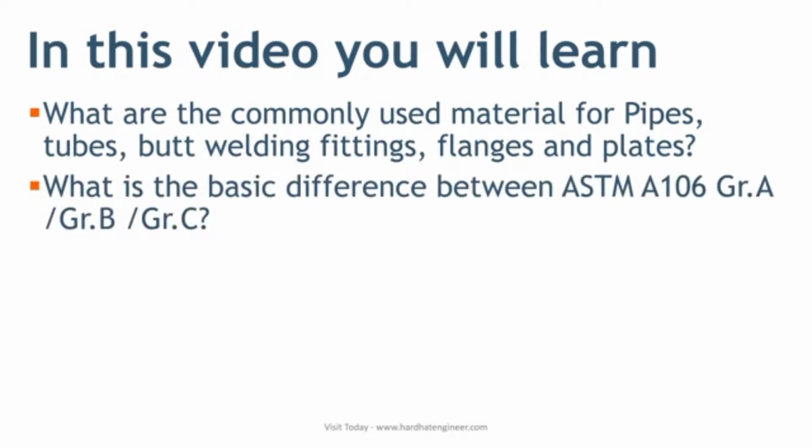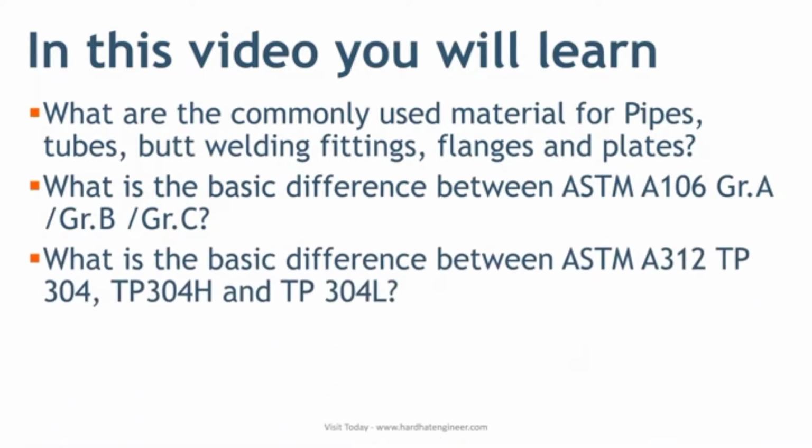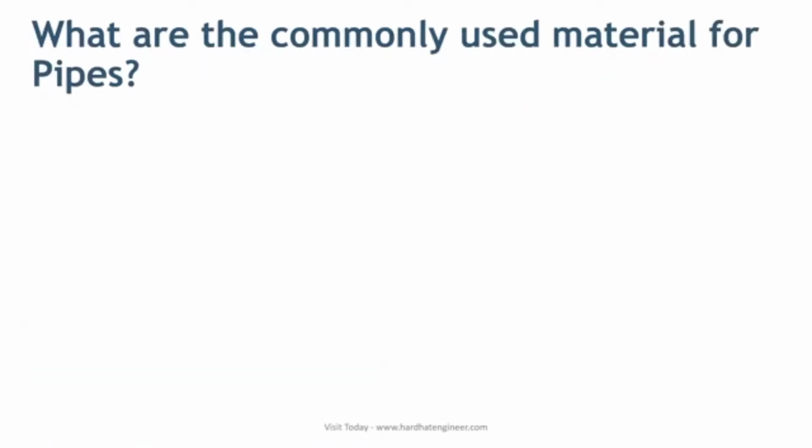What is the basic difference between ASTM A106 Grade A, Grade B and Grade C pipes? What is the basic difference between ASTM A312 TP304, TP304H and TP304L material? What is low alloy steel and what is high alloy steel?